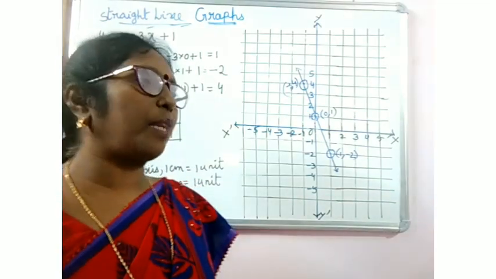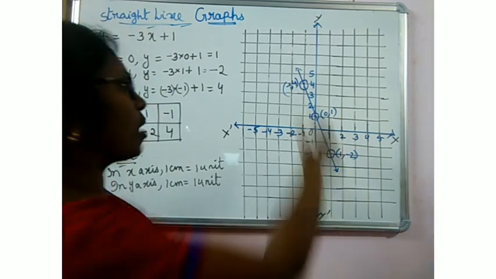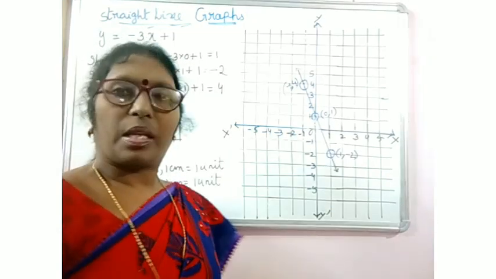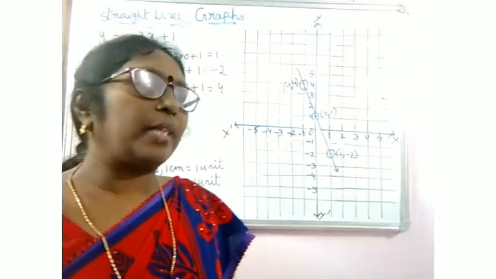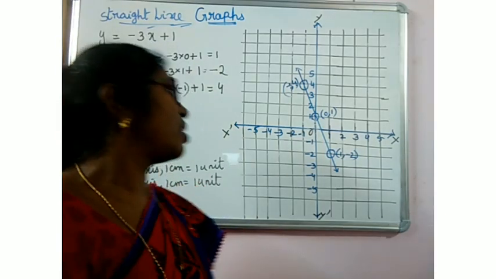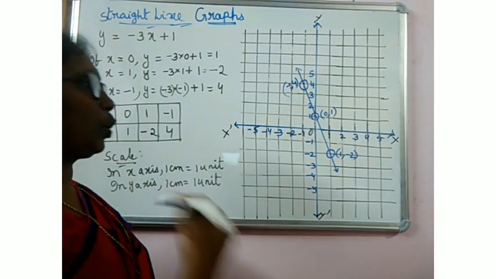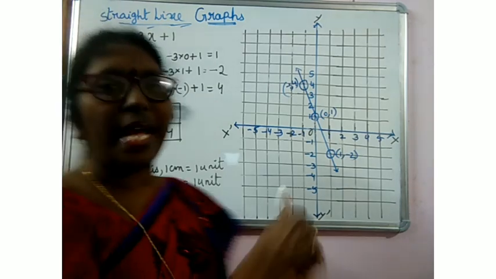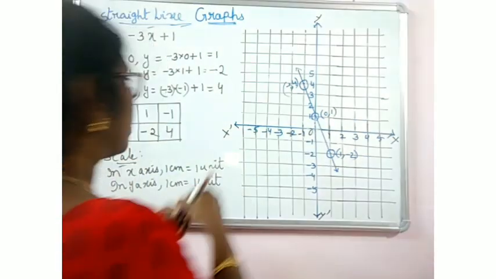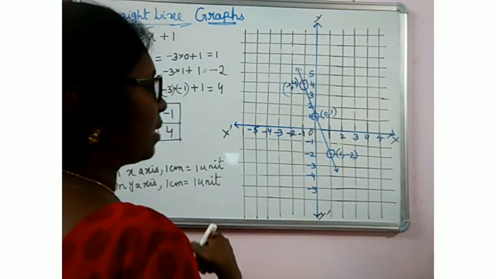Sometimes the question may be asked: draw the graph of this equation, and check whether 2, 1 lies on the graph.